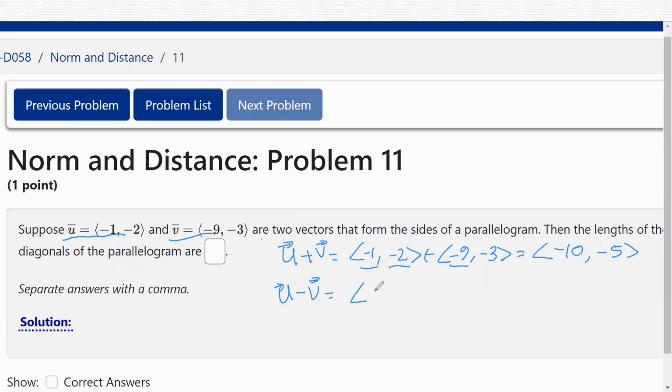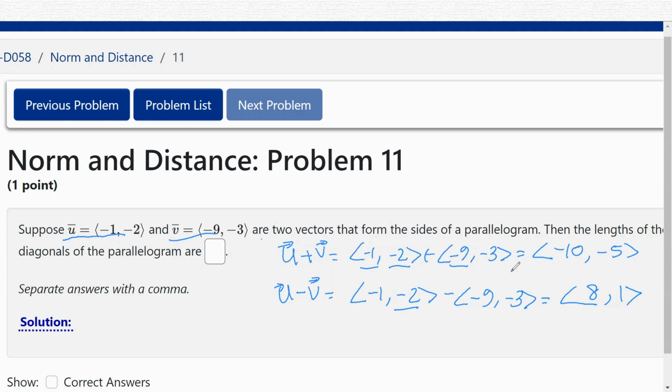And for subtraction, the same thing. Just subtract them. Don't forget, this is minus plus. So negative 9 minus negative 1 is going to give me negative 8. And the negative 2 plus 3 is going to give me 1.